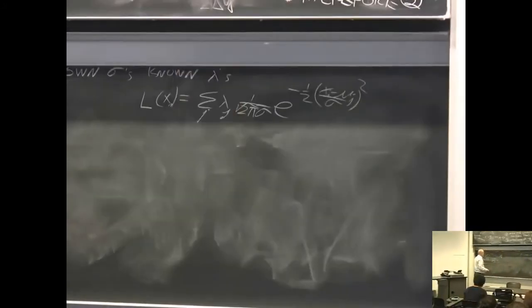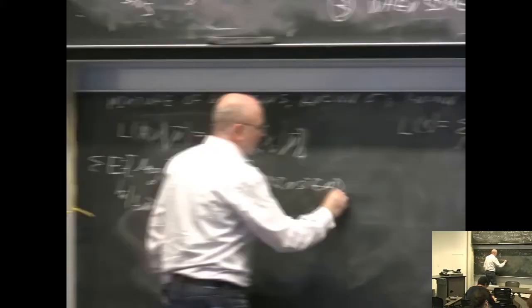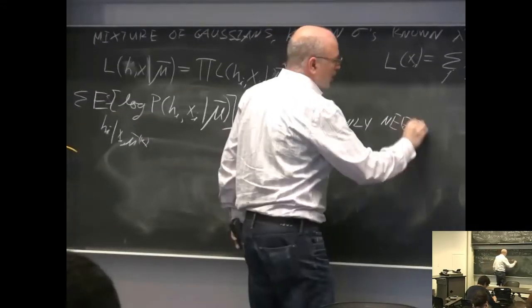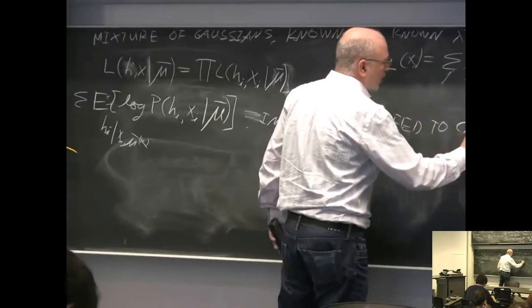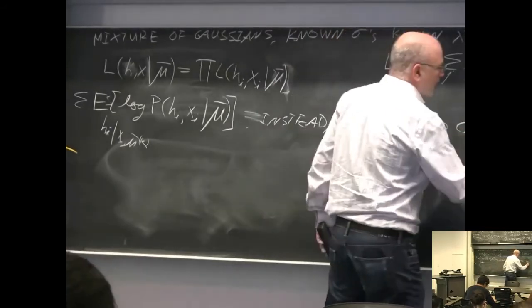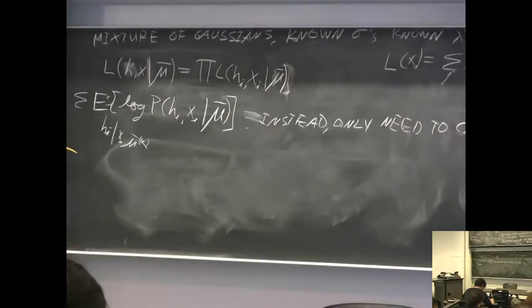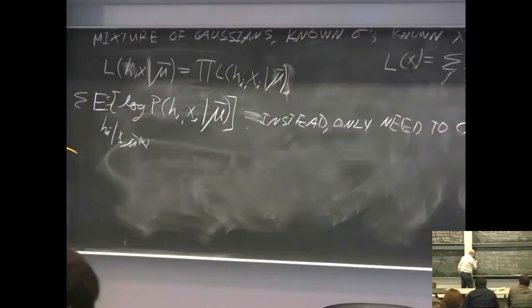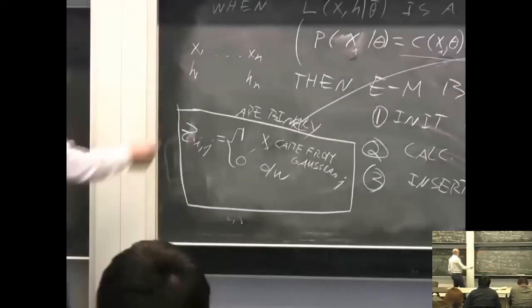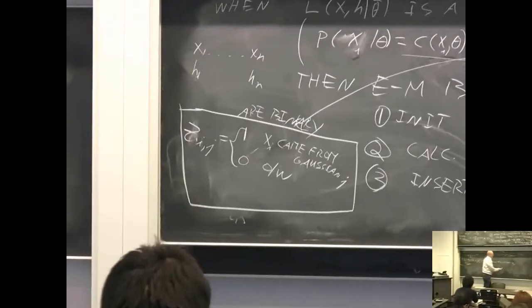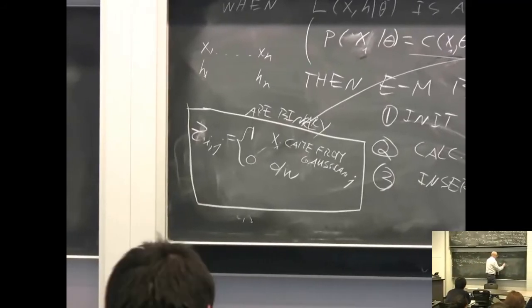So I'm only interested, instead, only need to calculate the zij's. The zij's are defined here. And in fact, I don't need to calculate the zij, I need to calculate the expectation of each zij.